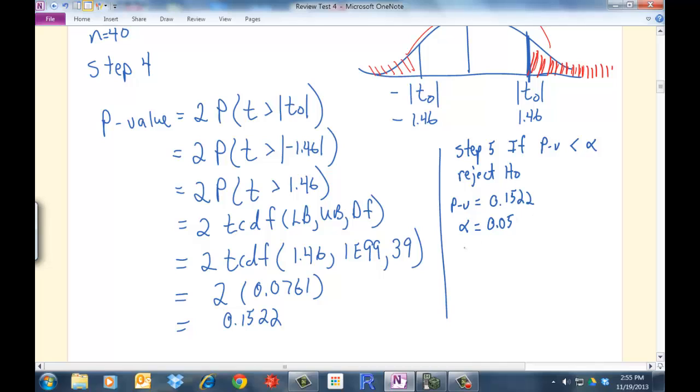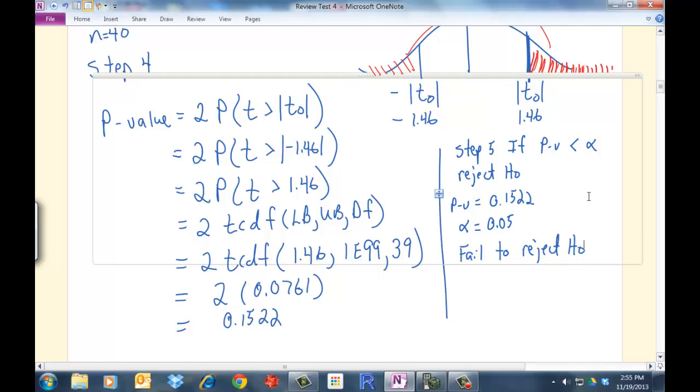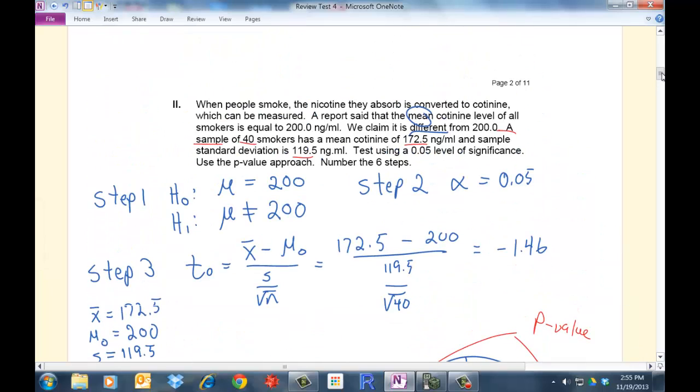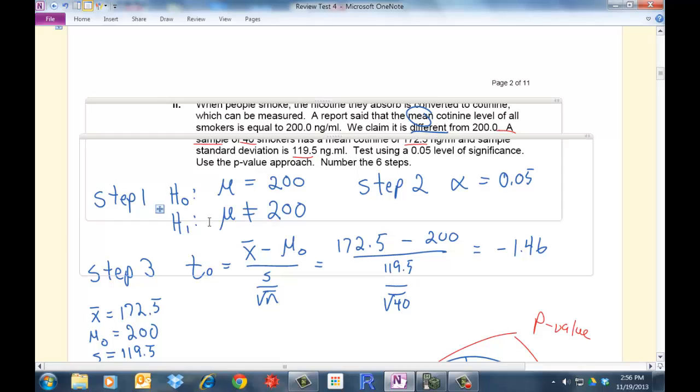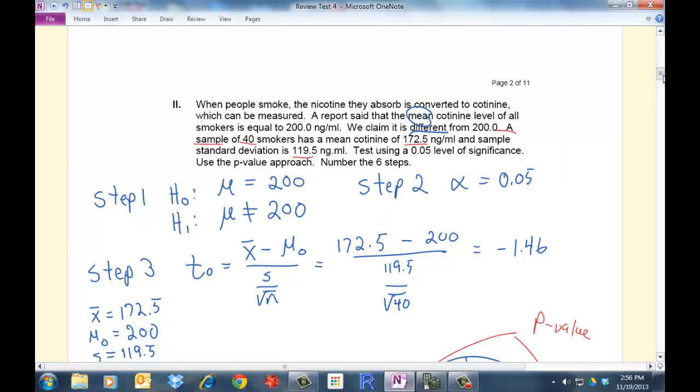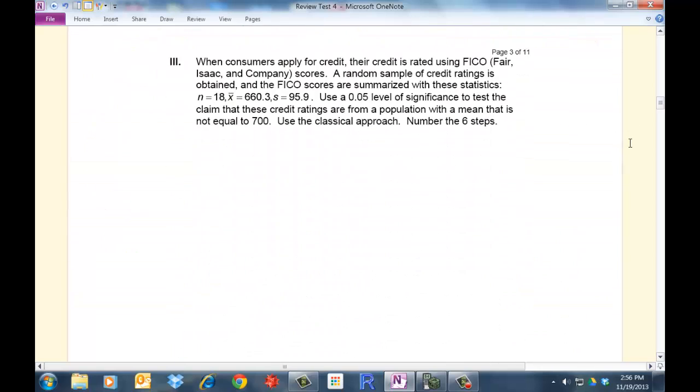Well, that's not the case, so we fail to reject H0. And so we fail to reject H0, which is up here. The conclusion is that there's not sufficient evidence to conclude that the mean cotinine level for all smokers is not equal to 200. Okay, question 3.